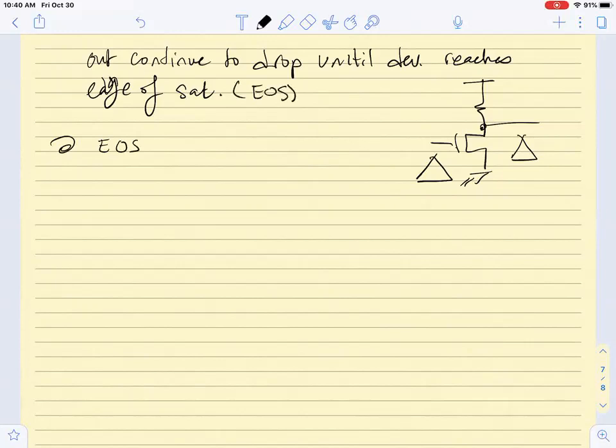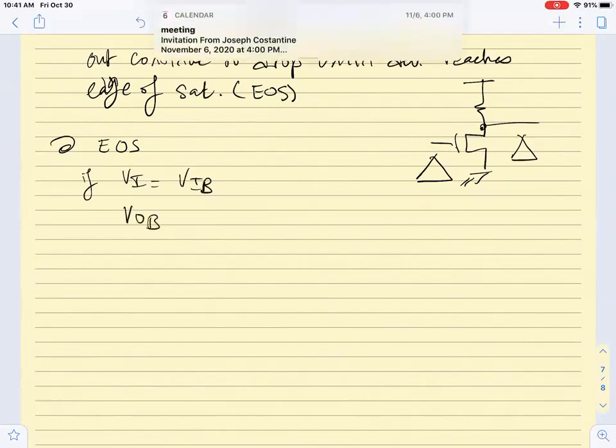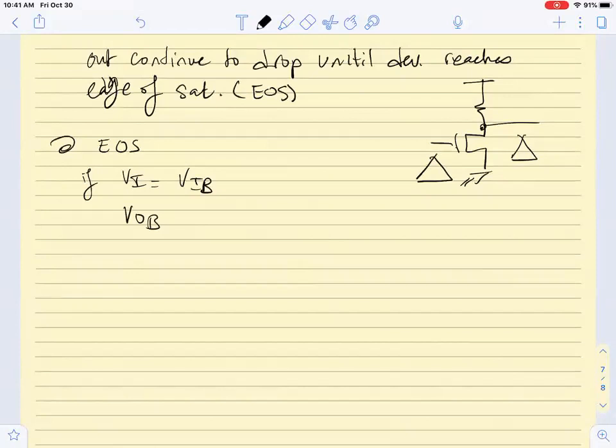At the edge of saturation, if Vn is equal to VIB, this is point B. What will V out be at the edge of saturation? What will VDS be? VDS will be equal to VGS minus VT, right?